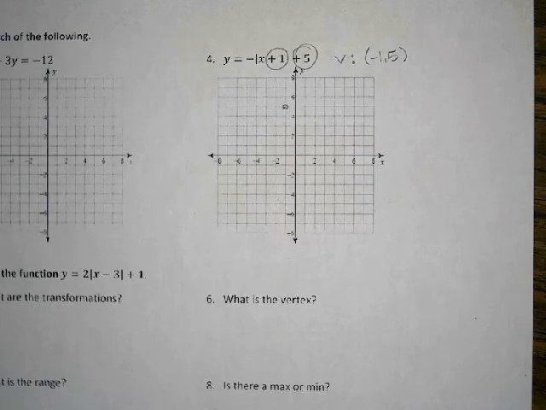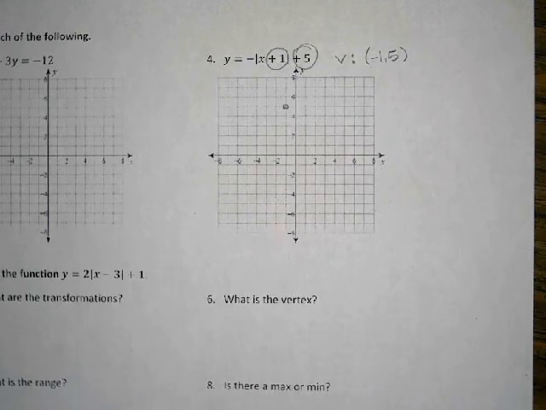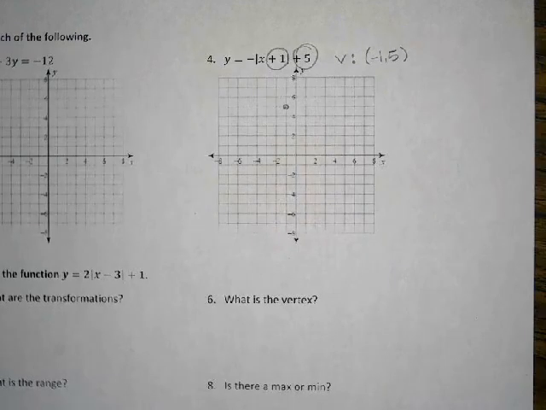I want to see the point negative 1, 5, which is right here for the vertex, and a few points to the left of that. Right now I can only see 1 point to the left, and I want to see more than 1. So I'm going to put my cursor right by the negative 2 and press enter a couple times.